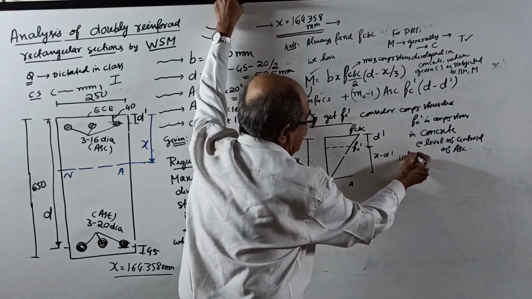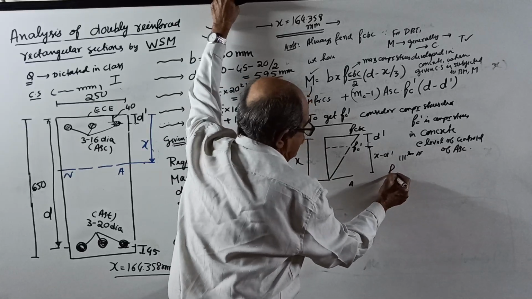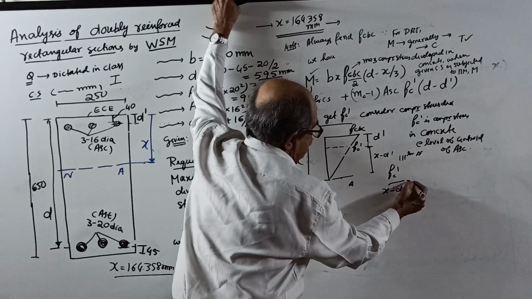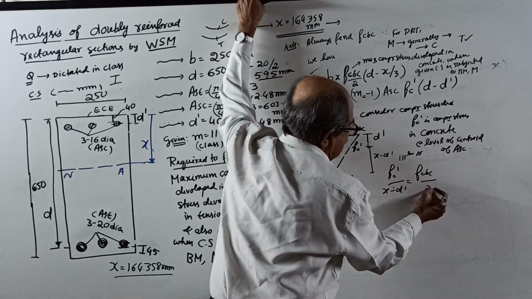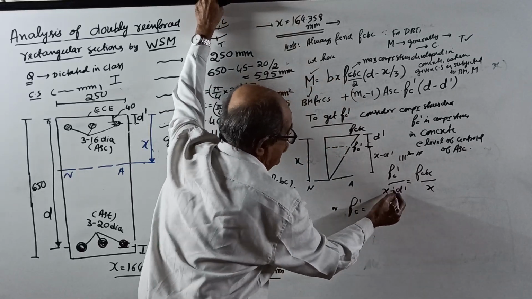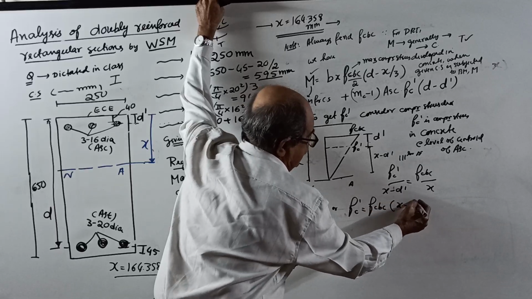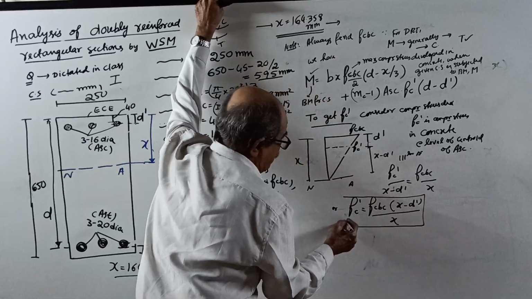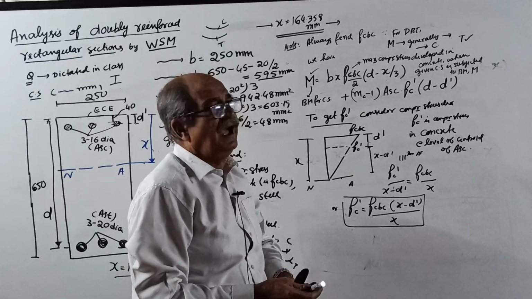Now, if this is D dash, this will become X minus D dash. From similar triangles, FC dash by X minus D dash equal to FCBC divided by X. Or you can tell FC dash equals FCBC into X minus D dash divided by X. This I told you last time, in the theory class, in class number 7 I think.